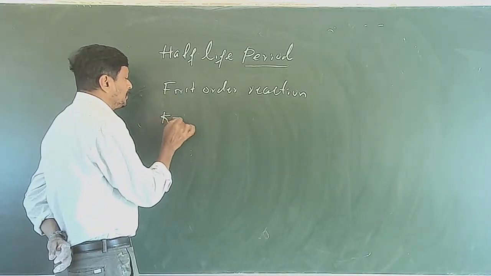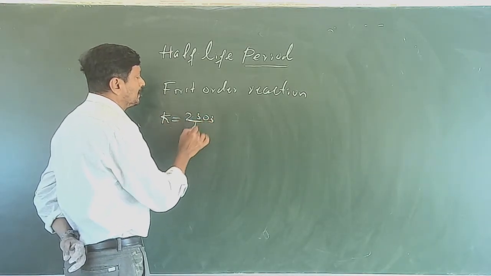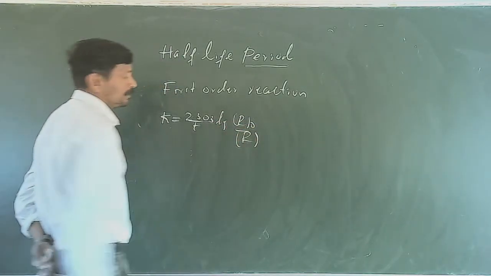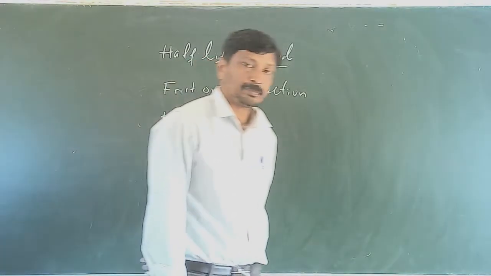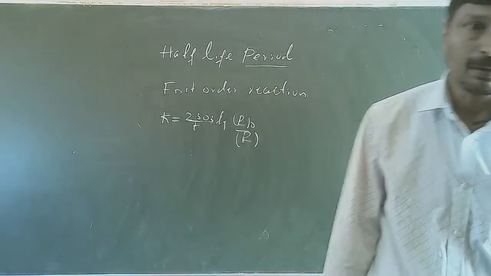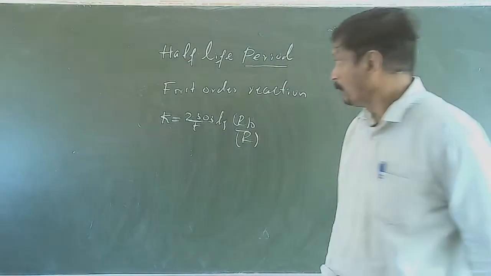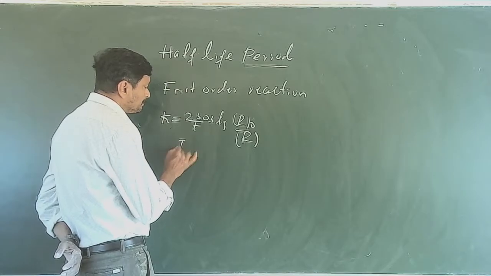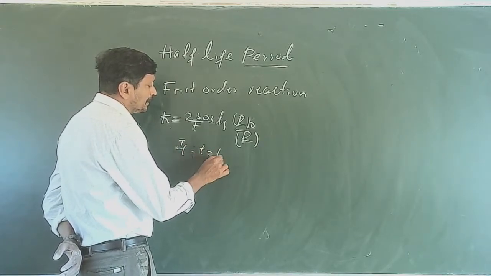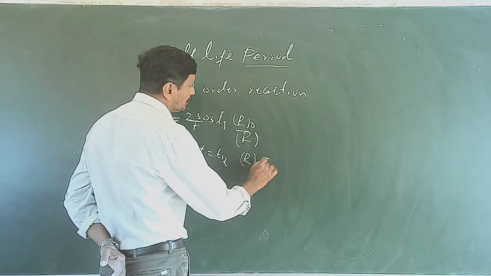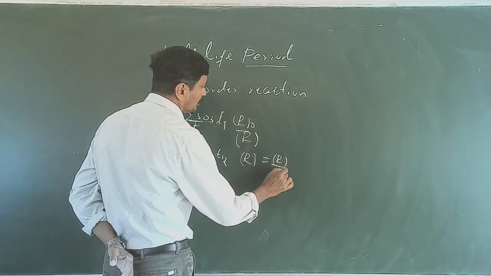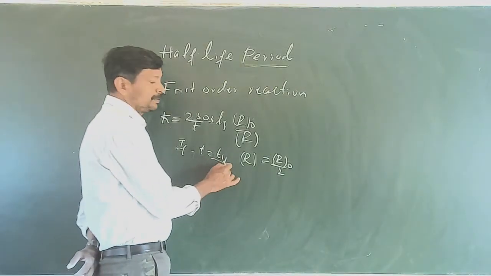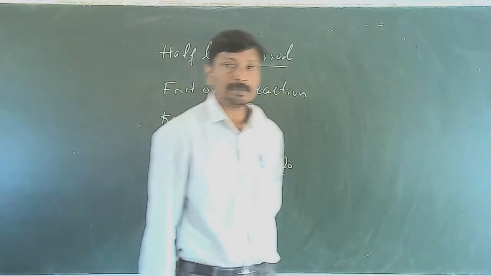K is equal to 2.303 by T log of R naught divided by R. All of you have to remember. First of all, you should be able to derive this equation, and after that you have to remember this equation. If T is equal to T half, then R is equal to R naught by 2. The time required to reduce the concentration to half of its initial value.